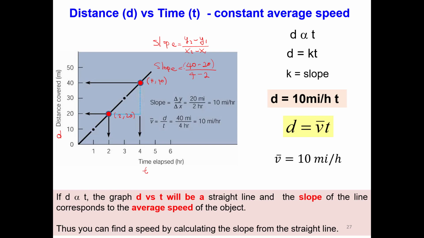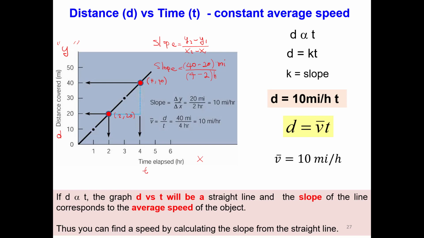We have to be careful: we always need to write the units when we calculate the slope. What are the units for y? Y is miles. What are the units for x? Hours.